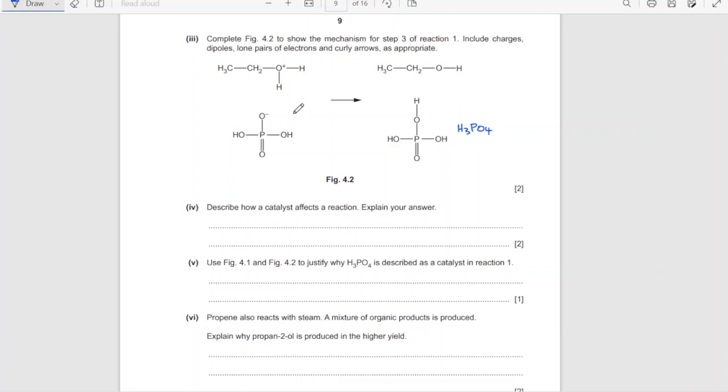It donated its H plus in the first step, it needs to get that back, all right? So this lone pair on the negative oxygen, all right? And what happens is that this is going to be transferred to the H over here, obviously because it needs to form a bond with the H, all right? H plus can only be accepted with the help of a lone pair on the negative atom.